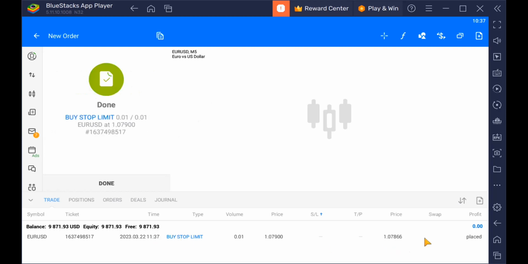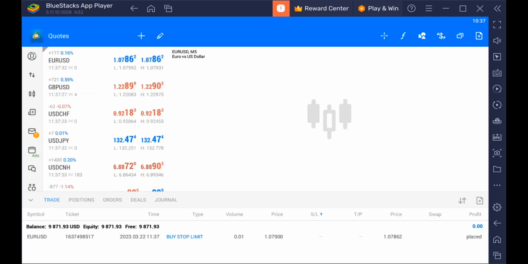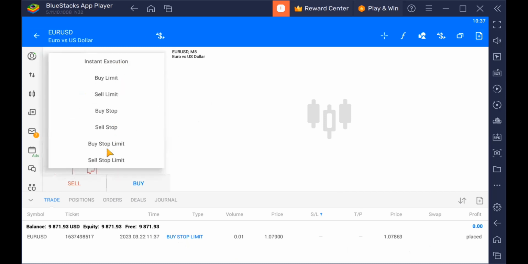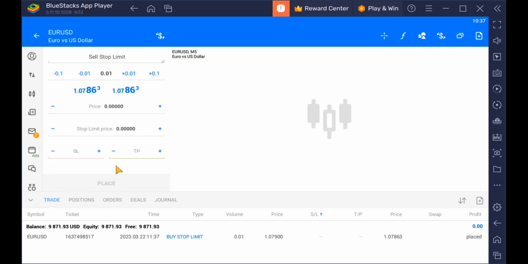That's the order set. It's also like that for sell stop limits. It's the same thing, just the direct opposite. The current price is 1.076. You can have 1.07 and then keep.